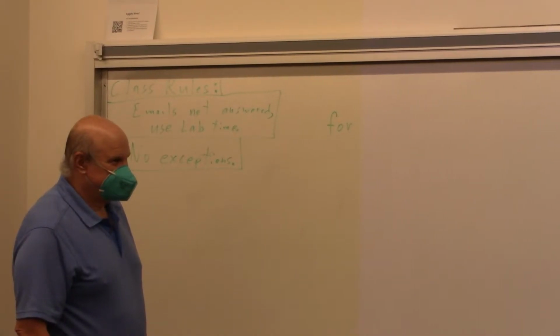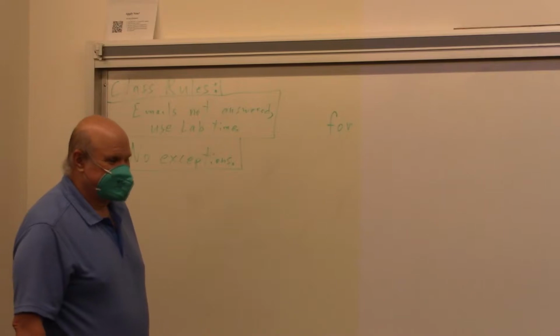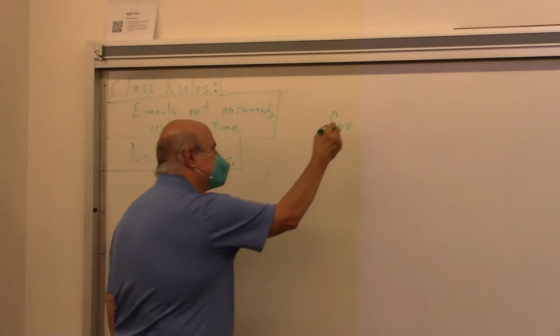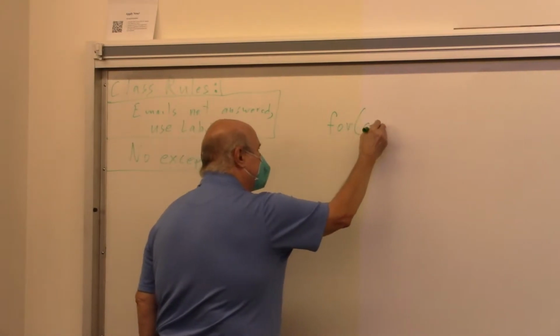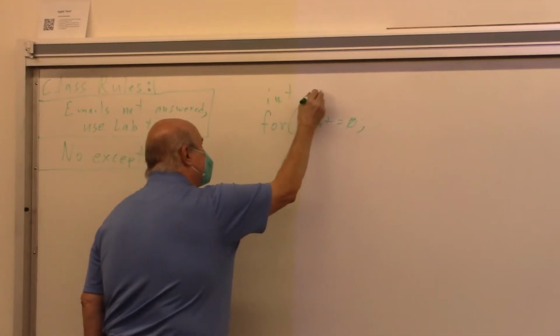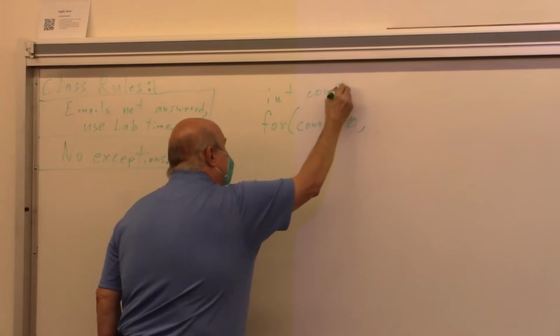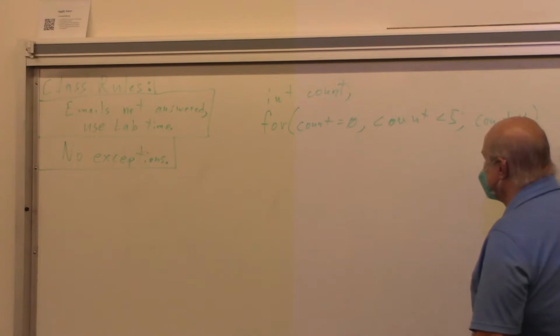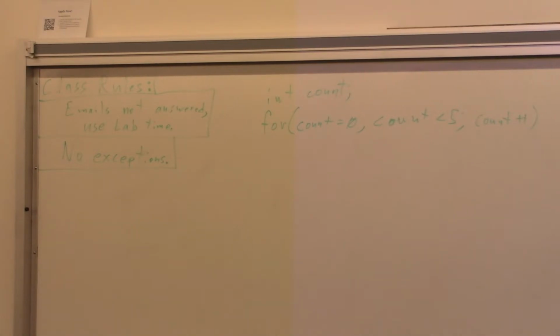Okay, just tell me what the for loop says. We'll add the rest later. Count is equal to 0, and count is less than 5. That's the same thing he did, but just a different name.